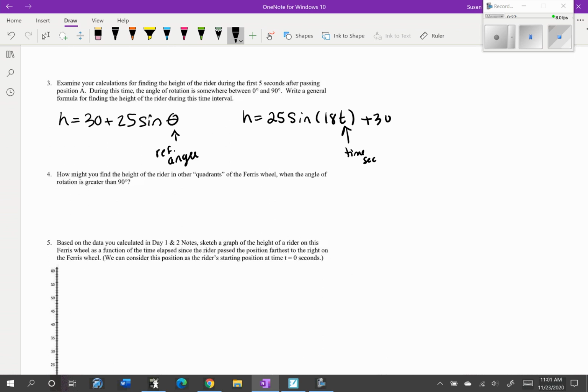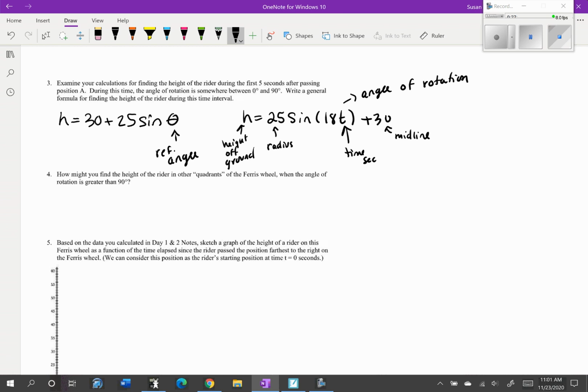And so remember, the 25 is the radius for both equations. 30 is the height from the ground to the center, so we'll call this the midline. And of course, h stands for the height off the ground. And so this one was for the angle of rotation.